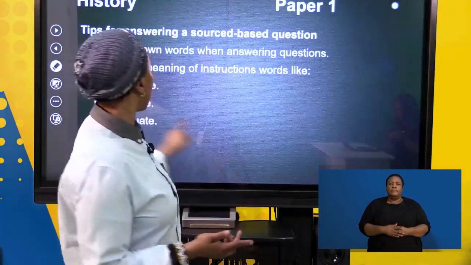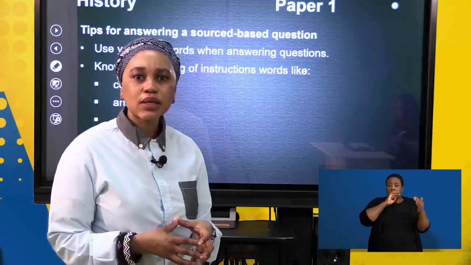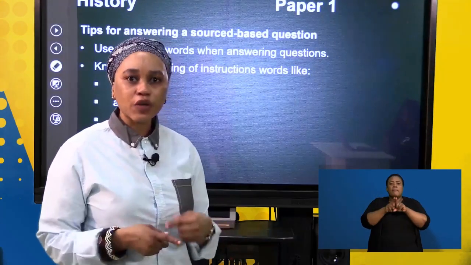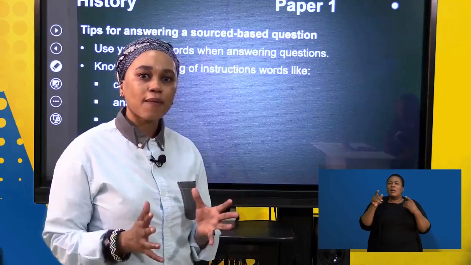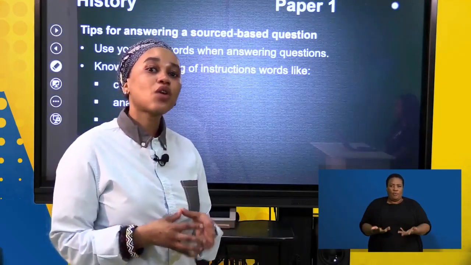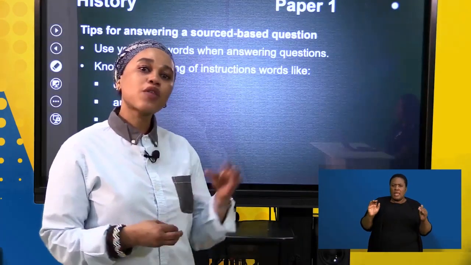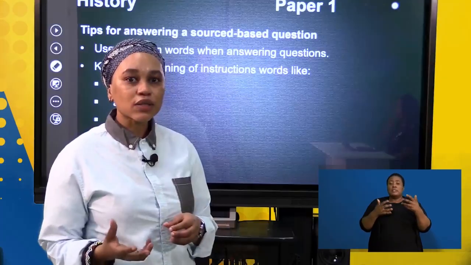So, for instance, if you look at the first one, when you're asked to compare, obviously they are asking you to give similarities. So don't go and look for differences when you are asked to compare. Okay, if they are asking for differences, they're going to say to you, contrast. Compare and contrast, then you are giving both similarities and differences.